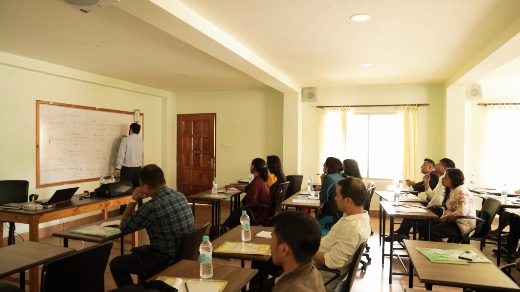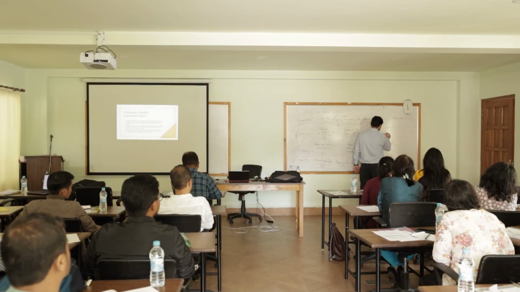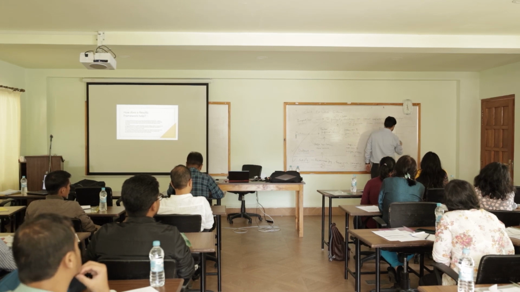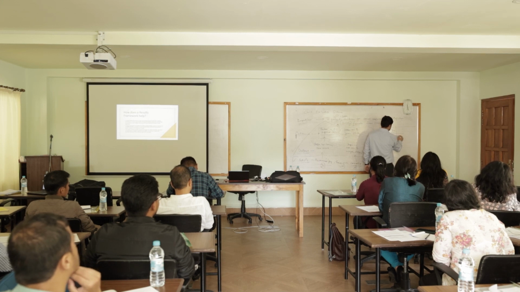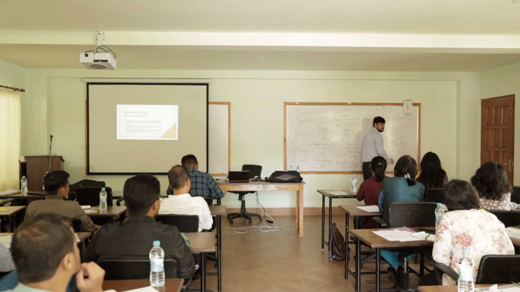Now, if I'm creating a results framework, I'll mention this here. Indicator, awareness campaigns. On the right hand side, I can also mention a time frame. First month 20, second month 40, third month 60, and so on and so forth.